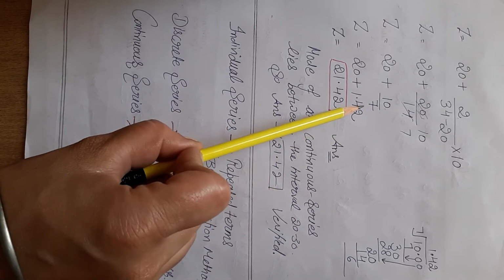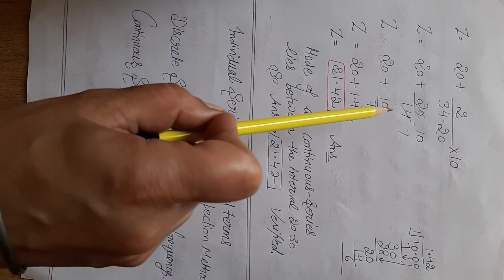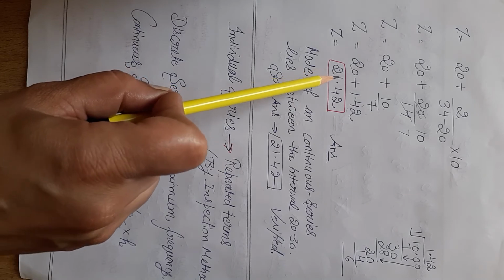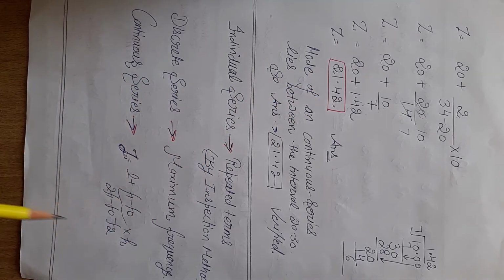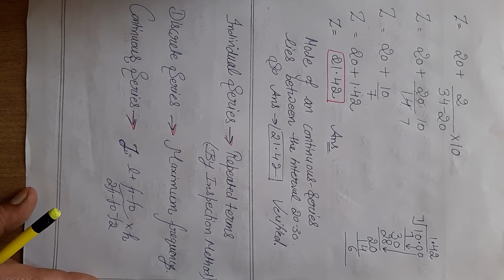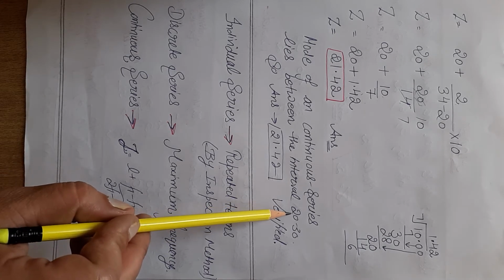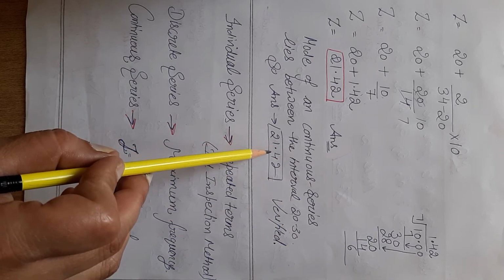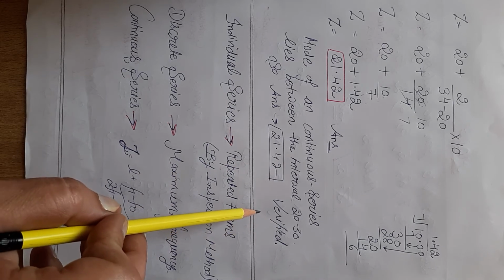After calculating with long division, you divide 20 by 7 and you get the answer 21.42. You can see the answer of the mode is lying between your class interval, that is 20 and 30. Then our answer is verified.